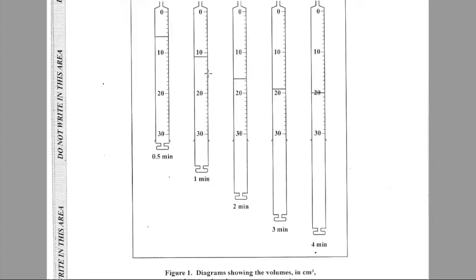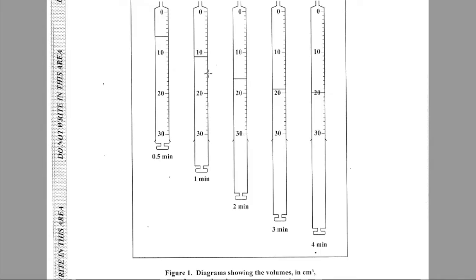Now, whenever we're going to take readings, it's very important that we determine the scale or the gradation on the instrument. So for this gas syringe, each of these little marks represents 1 cm³.